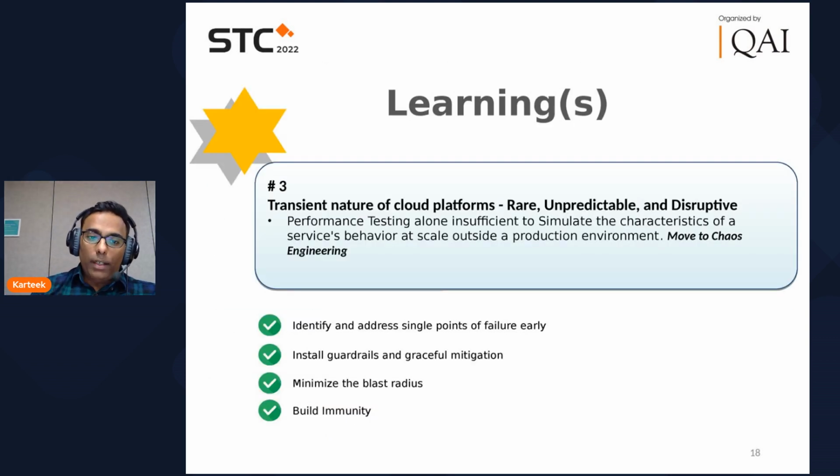Through all this, we have learnings: we have to identify and address every single point of failure early. We have to install guardrails for graceful mitigation, like we implemented active-active mitigation or circuit breaker. That's a graceful way of solving the problem instead of showing service unavailable or messages getting lost.